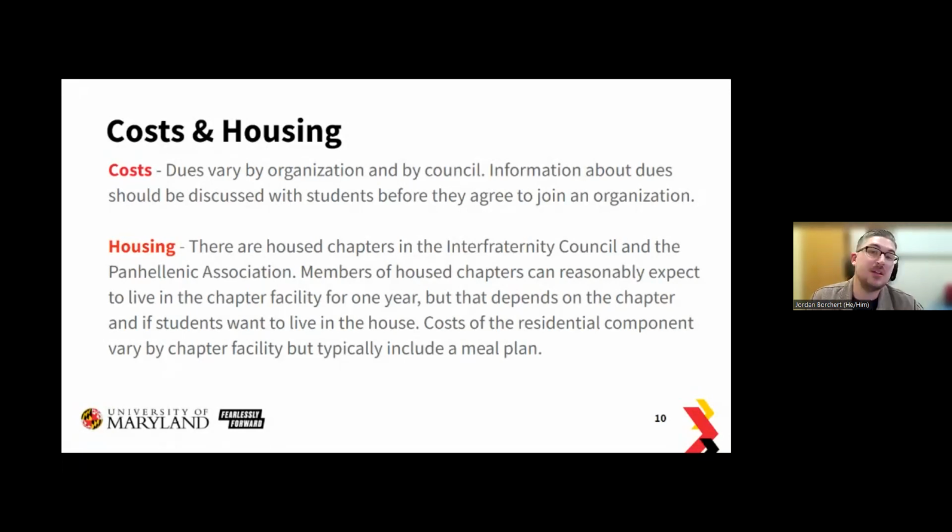But dues are important because for them to do the things that they want to do, if they want to have a brotherhood or sisterhood event, a program, a philanthropy event, a formal or some type of party, these dues go to that so they can have an operational budget. So yes, payment plans are a really great offering that organizations will give to some of the members, but also know, and explain to your students, that paying these fees allows you to have the experience that you're looking for.